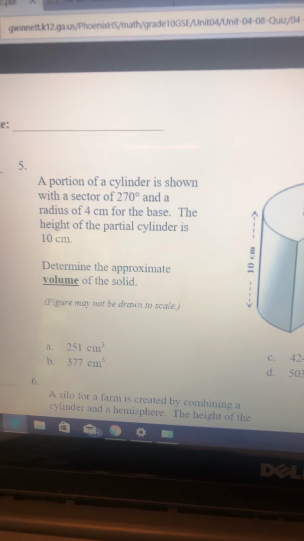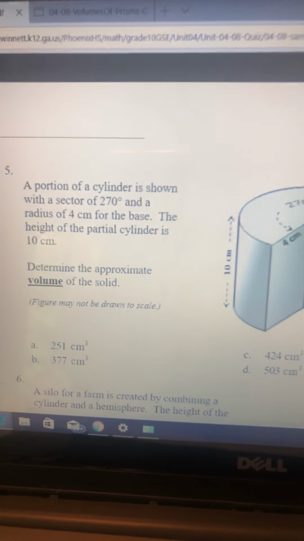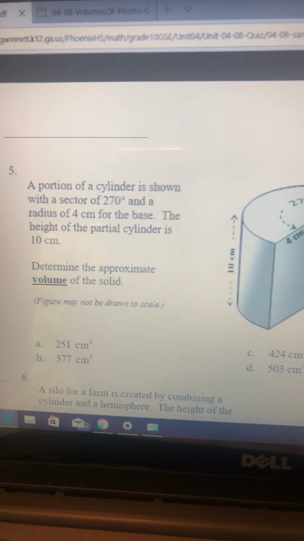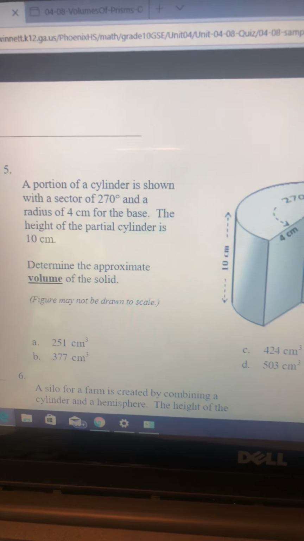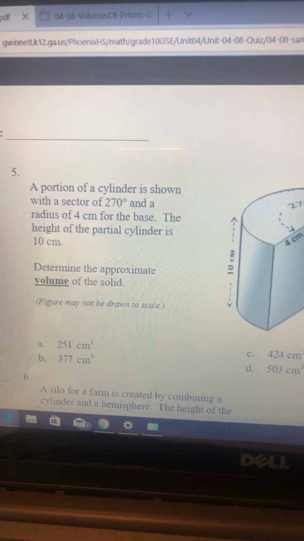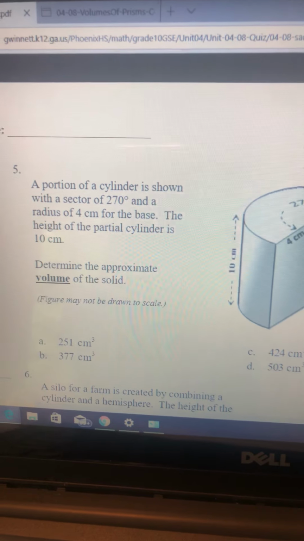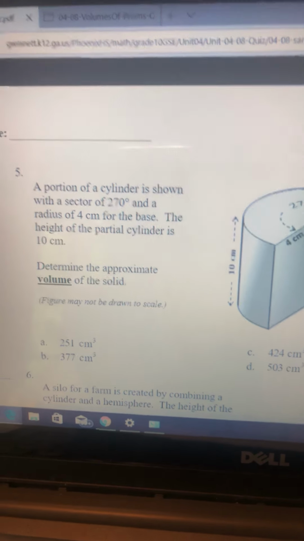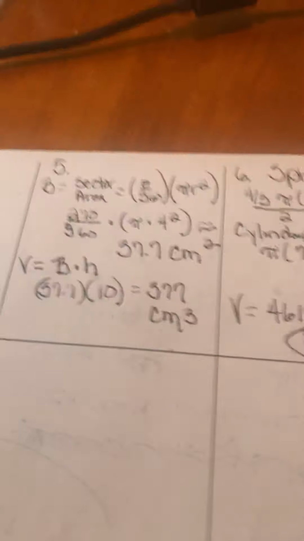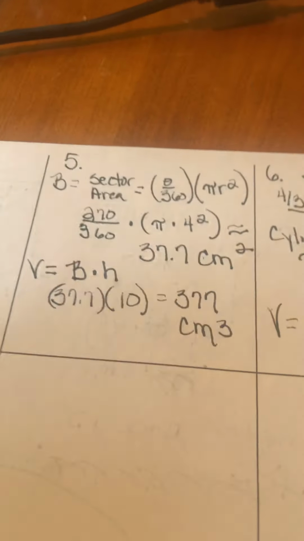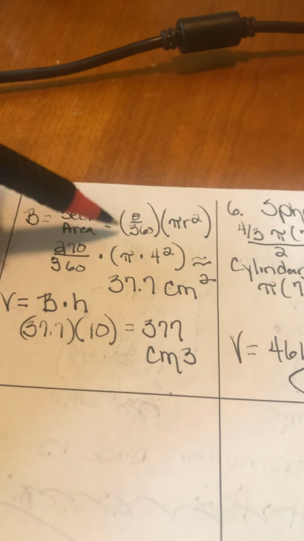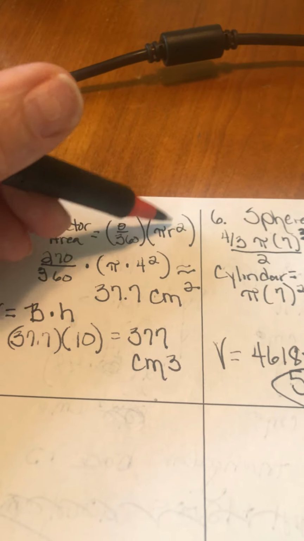Now number 5, we had to find a portion of the cylinder that is shown with a section of 270 degrees and a radius of 4 centimeters of the base, and the height of the partial cylinder is 10 centimeters. Determine the approximate volume of the solid. So the first thing we had to do is find the sector area, which is theta over 360 times pi r squared.